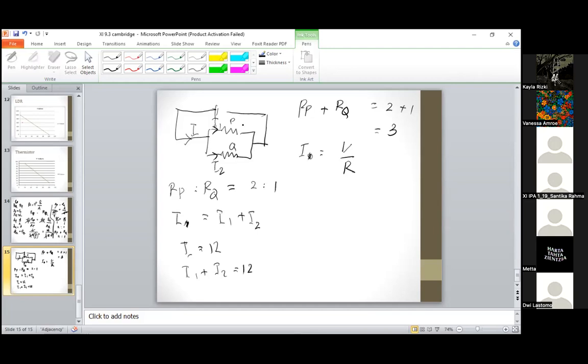For example, if this is 4 and this is 2, the R total will be 4 multiplied by 2, per 4 plus 2.